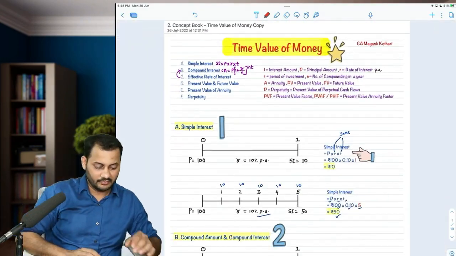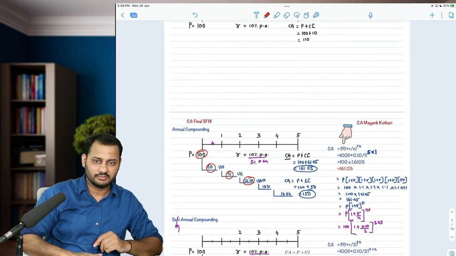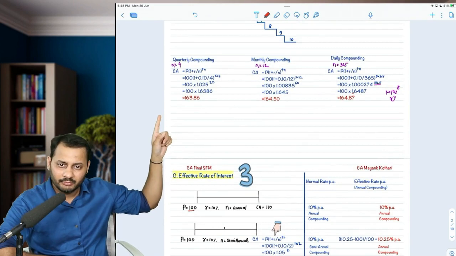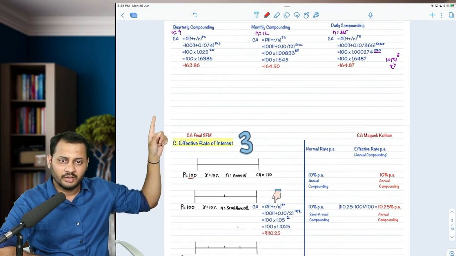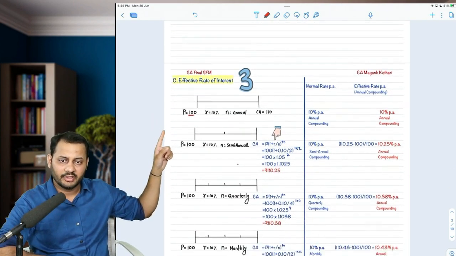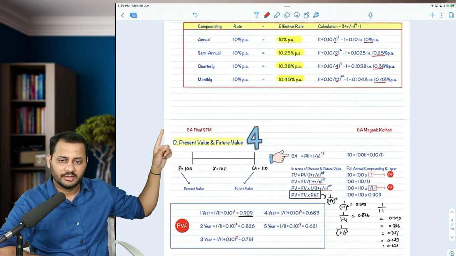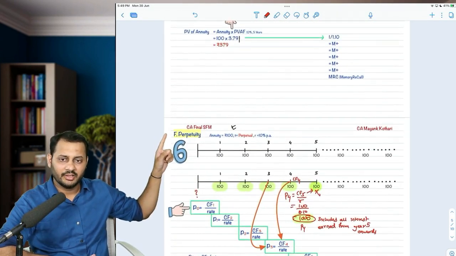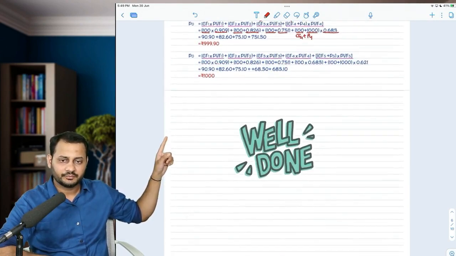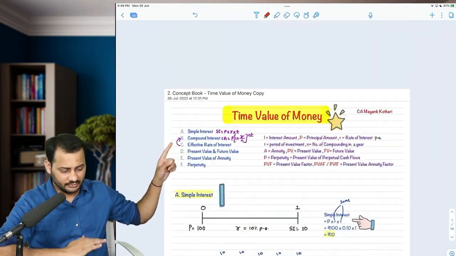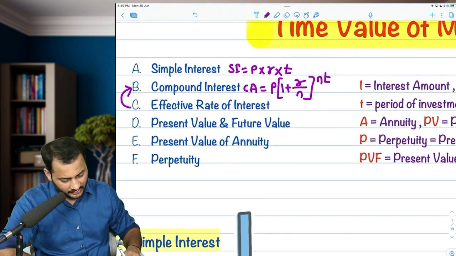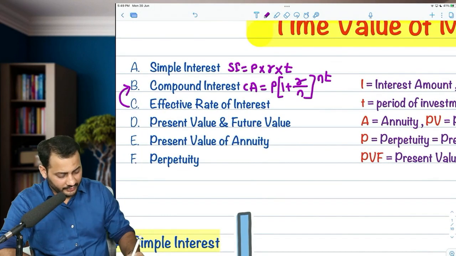So what we have covered till now is all this: compound amount, annual compounding, semi-annual compounding, quarterly compounding, monthly compounding, daily compounding, effective rate of interest, then present value, future value, present value of annuity, perpetuity, and that's it. Okay, let's finally write down all the formulas. What was the formula for effective rate of interest?